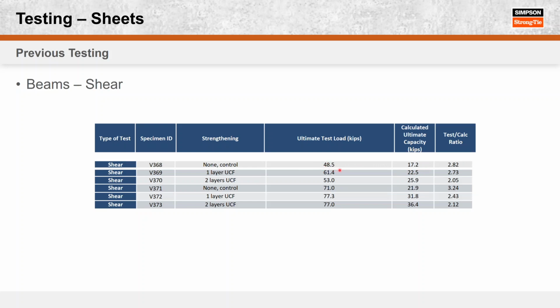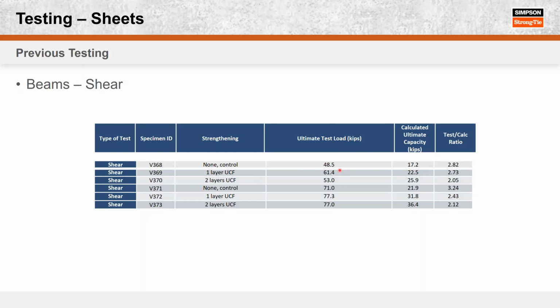So this kind of shows how conservative the shear design equations are, because it's very important that you don't have a shear failure and instead you have a flexural failure. So in addition to the phi factors that we use and the seismic design detailing we use to prevent shear failures, the equations themselves are very conservative.